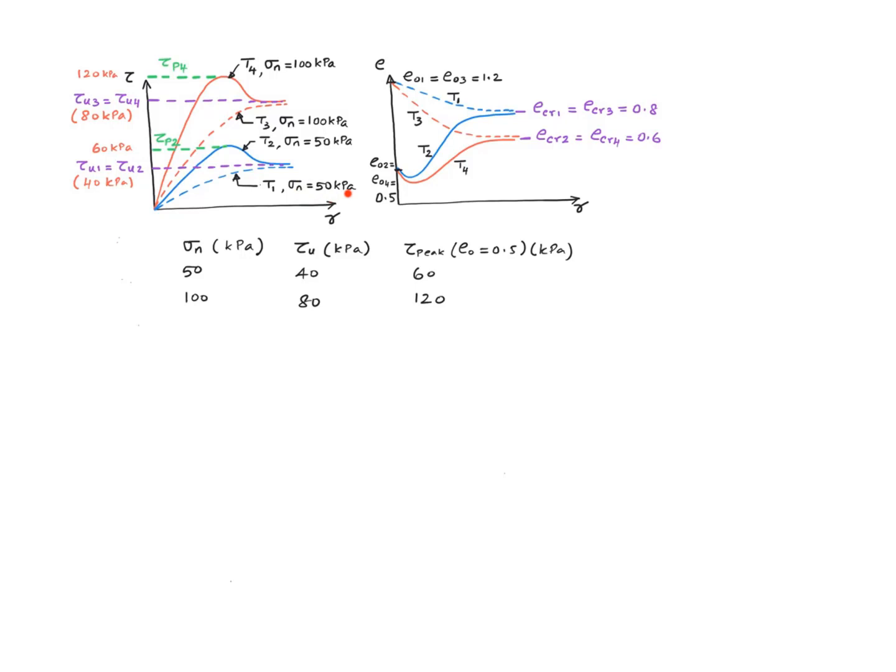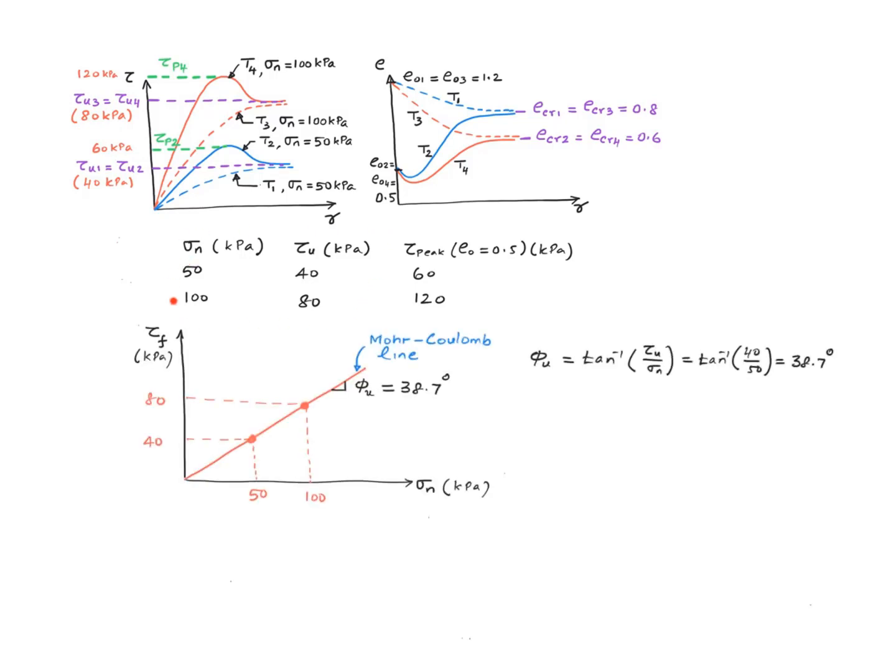So when we have 50 kilopascal, regardless of the initial void ratio, the ultimate stresses are the same. And similarly, when we have 100 kilopascal, regardless of the initial void ratios, and therefore the initial parts of the stress strain curves, the ultimate failure stresses are still the same. So here it's 40, here it's 80. I listed those numbers over here.